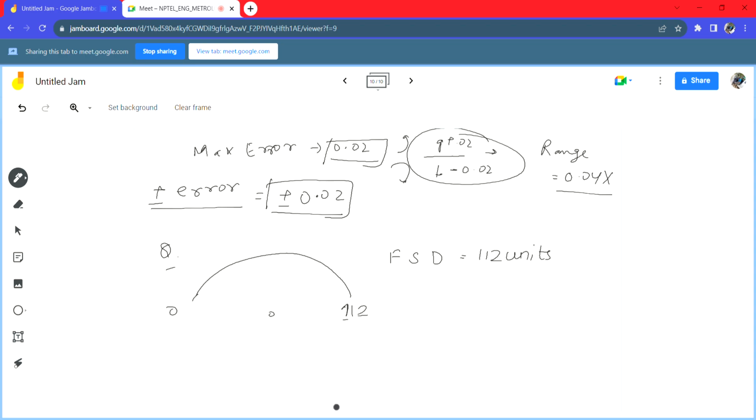Now this is distributed over four uniform divisions, and seven uniform subdivisions.